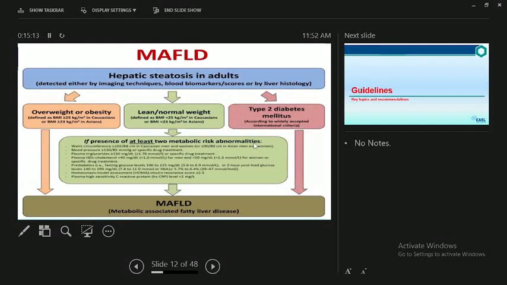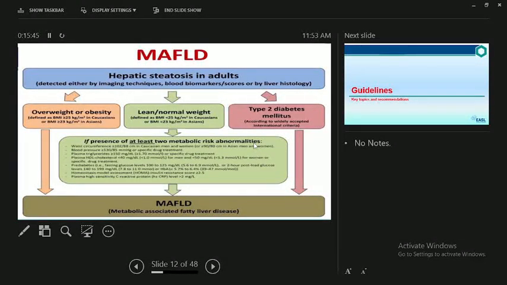So what is NAFLD? There has been intense argument and discussion. There is no disease entity called NAFLD, this is all MAFLD. So we don't know. We are still not sure whether it is NAFLD or MAFLD. NAFLD is hepatic steatosis in adults along with features of metabolic syndrome: either overweight or obesity, or type 2 diabetes.